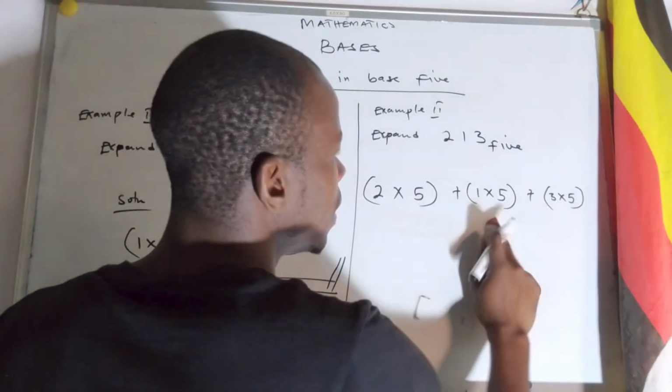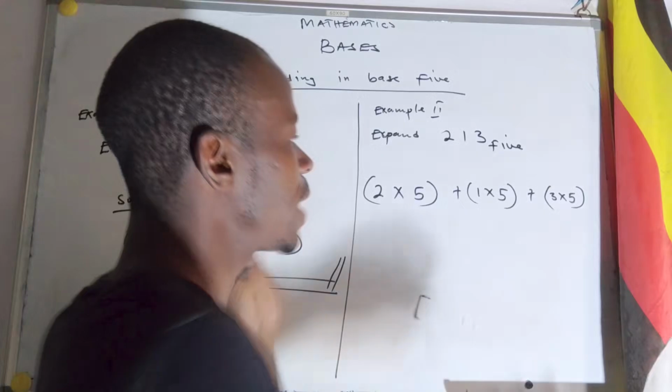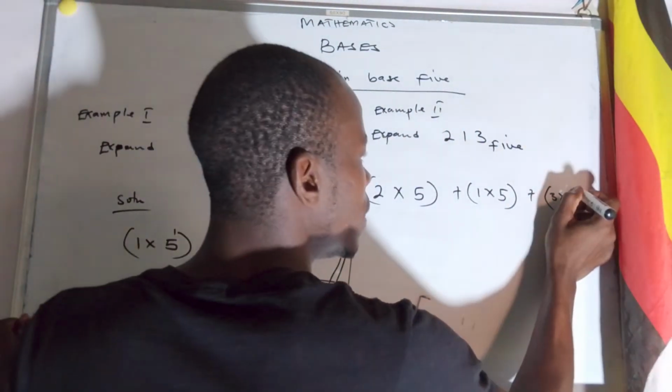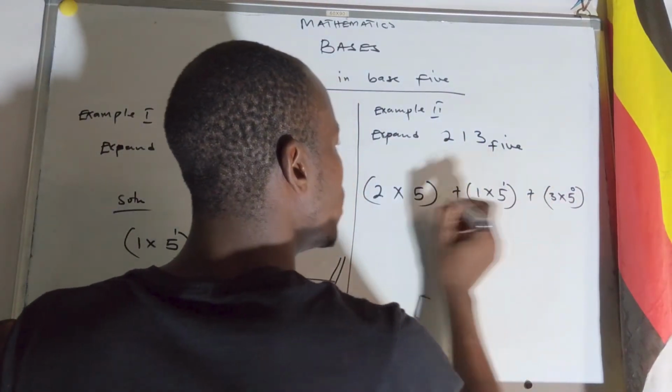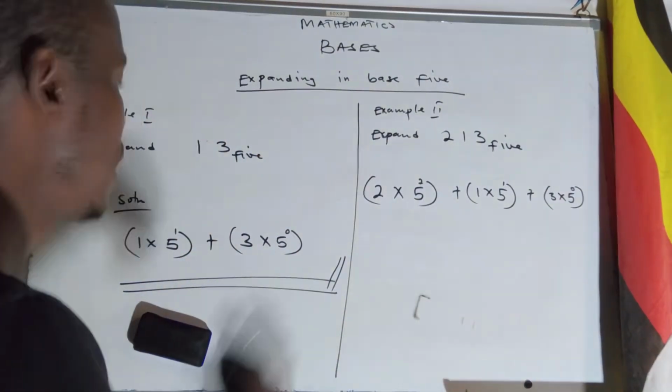So after that, we give them the powers, starting from this side, coming to this side. Start with 0, 1, 2. As simple as that.